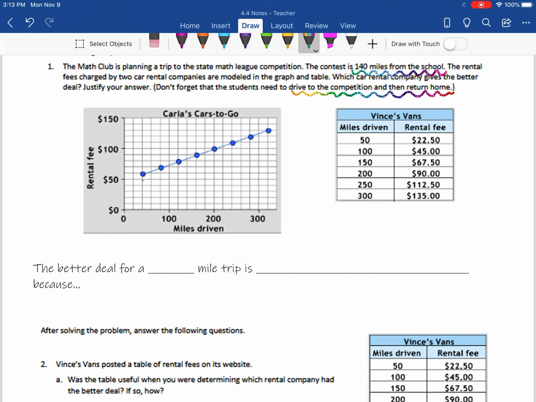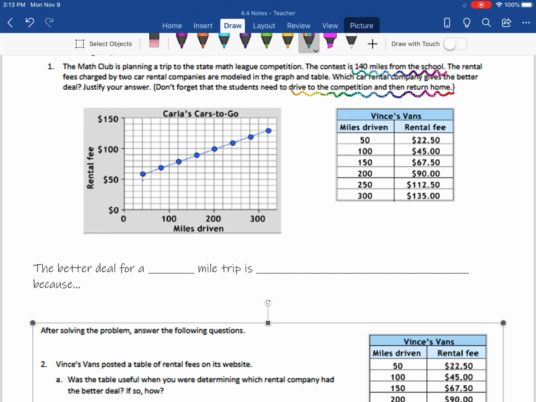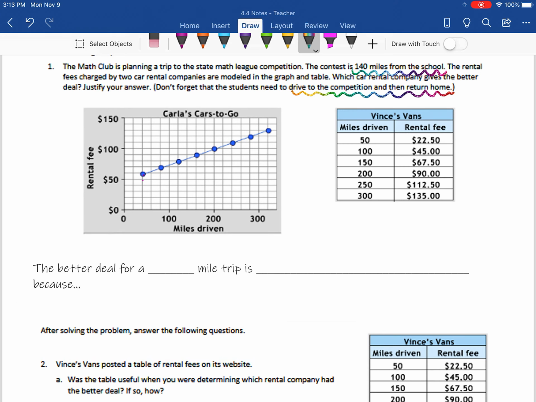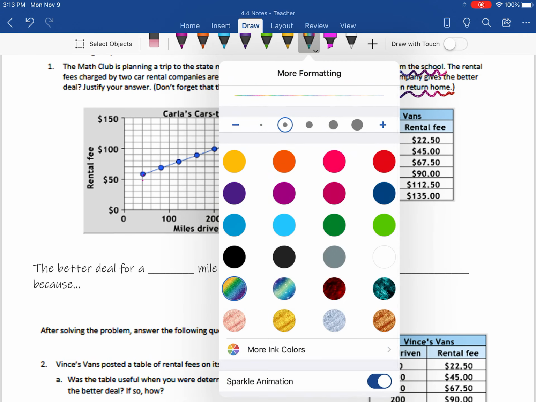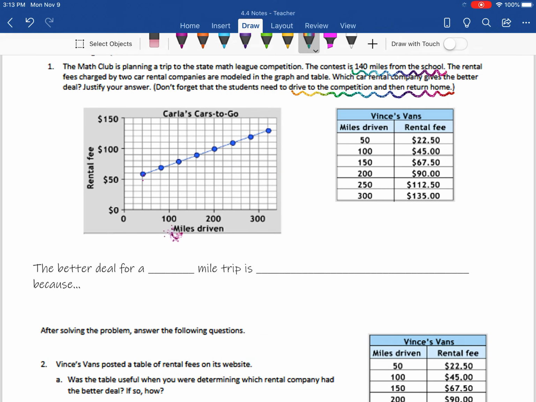Okay, so the first thing that we need to think about is what mileage we are going to be looking at, because we can see that the rental fee is dependent upon what miles are being driven. And I can tell that by looking at the labels on the graph and the table for Carla's Cars to Go and Vince's Vans.